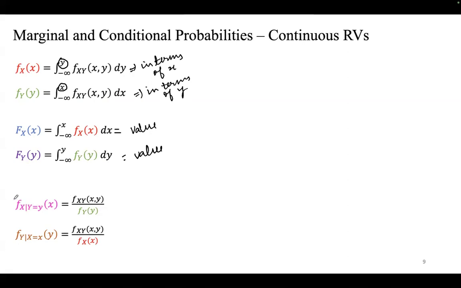And then again, this is your conditional. In case of fx, the limits will be minus infinity to x, because we get the answer in terms of x. That's what I was trying to tell you here.